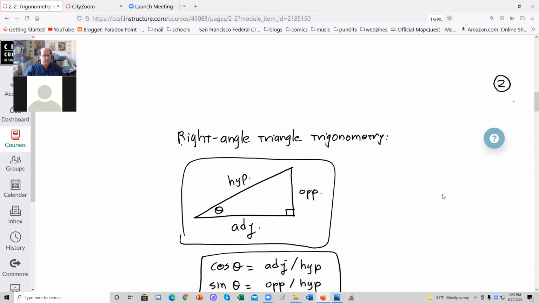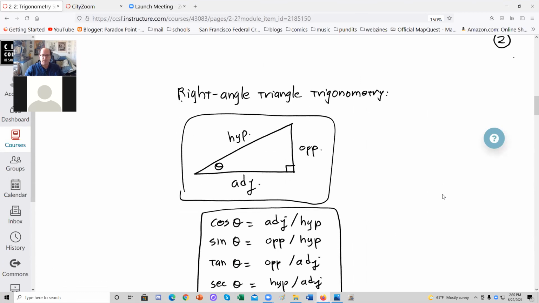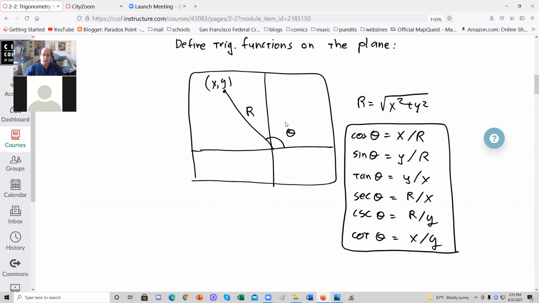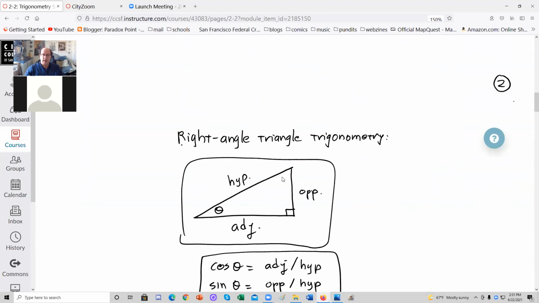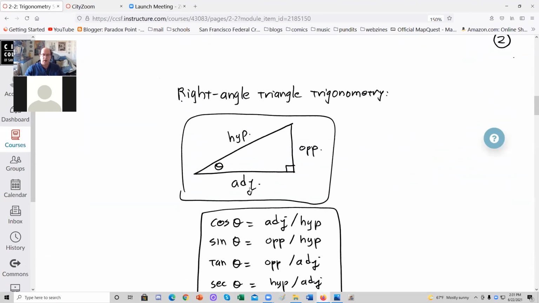Now, here is a sort of ancient definition going way back to the Greeks. Here we'll have theta only be an acute angle, so it's an angle in the first quadrant. And there are 3 sides to this triangle: adjacent, opposite, and hypotenuse. Adjacent corresponds to x, opposite corresponds to y, hypotenuse corresponds to r.